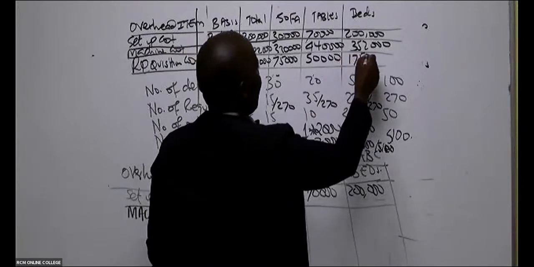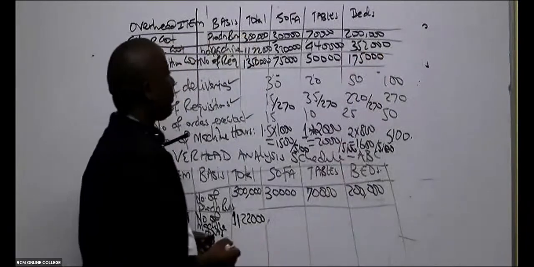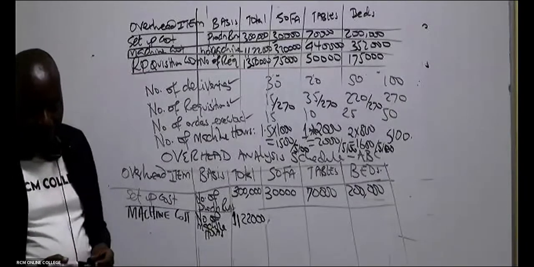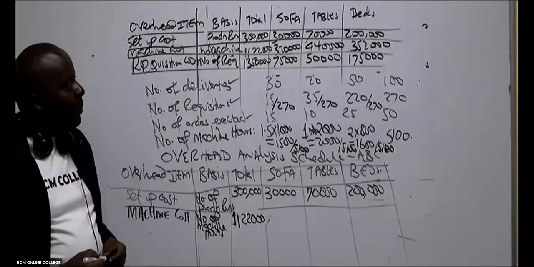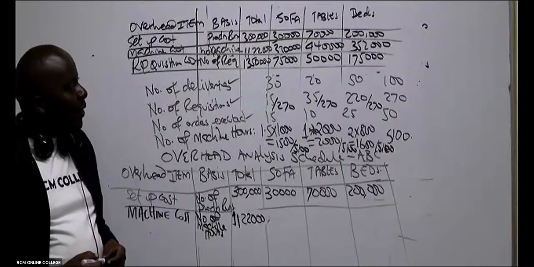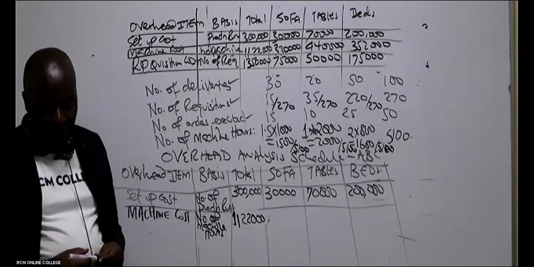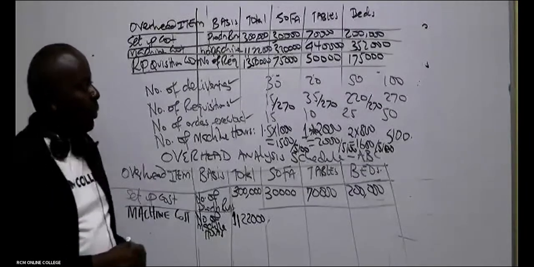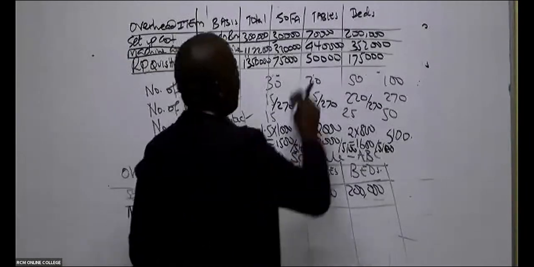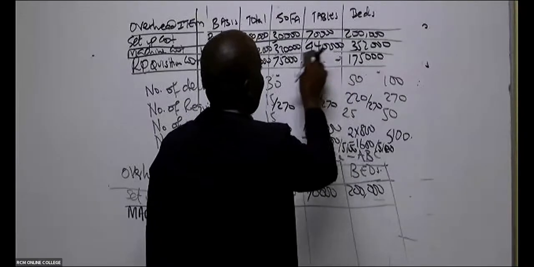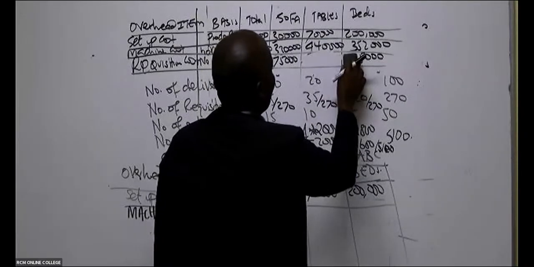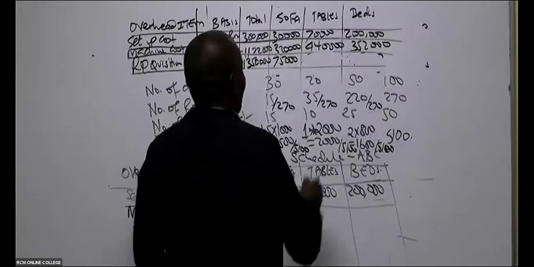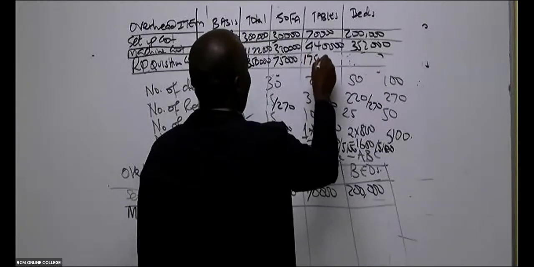Thank you so much. And then we take on the next one. For tables it is supposed to be 175,000.